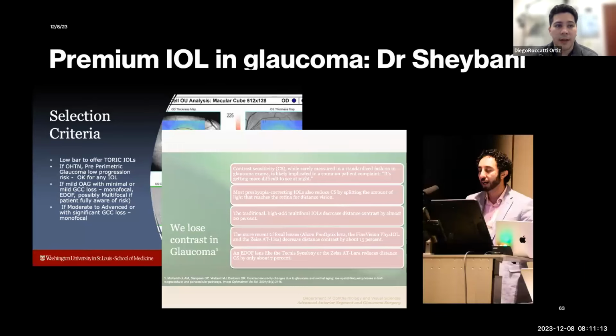And finally, I would just like to mention Dr. Shibani and his talk on premium or presbyopic IOLs used in glaucoma. So the main thing here is that traditional multifocal intraocular lenses reduce contrast sensitivity.